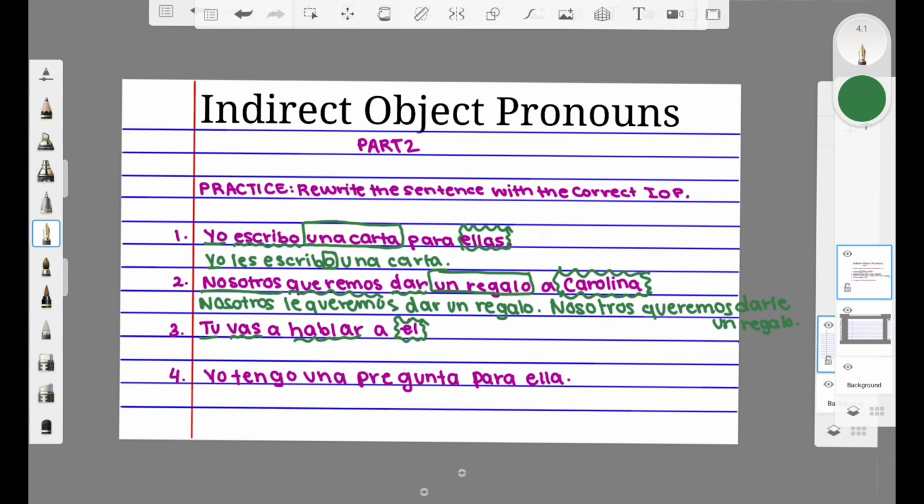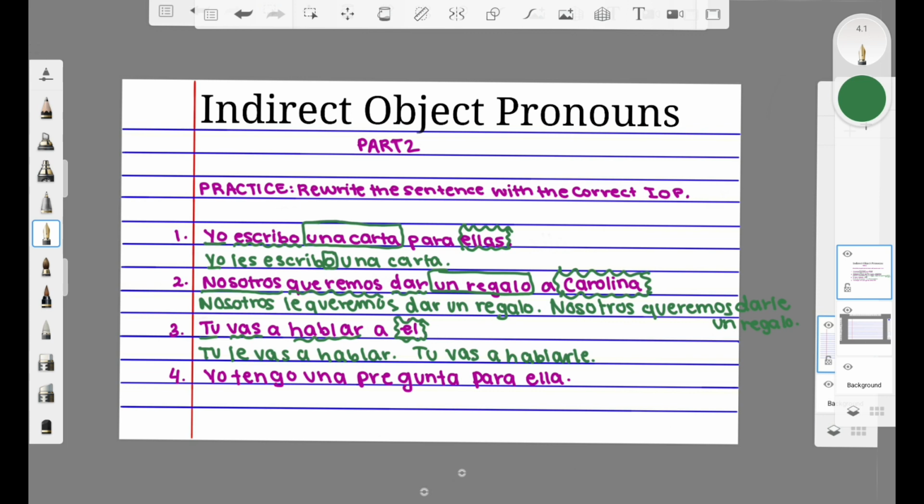So we want to clarify that yes, there are a few rare times when that can happen. But we know that for él, it's still le. So we're going to say, ¿tú le vas a hablar? Or we can say, ¿tú vas a hablarle? And attach it to the infinitive.